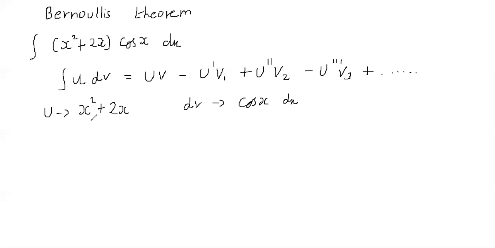Now we differentiate this. What is u dash? The differentiation of x square is 2x, and of 2x is 2. Then we differentiate again: 2x becomes 2, and 2 becomes 0. If we differentiate thrice, this will become 0.